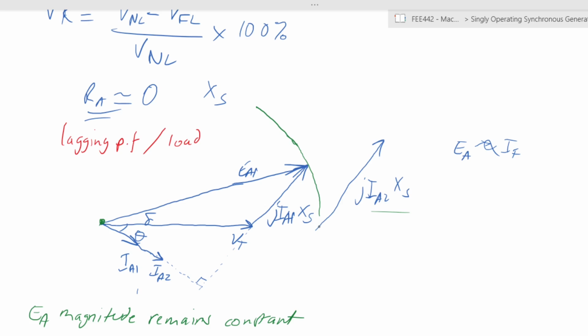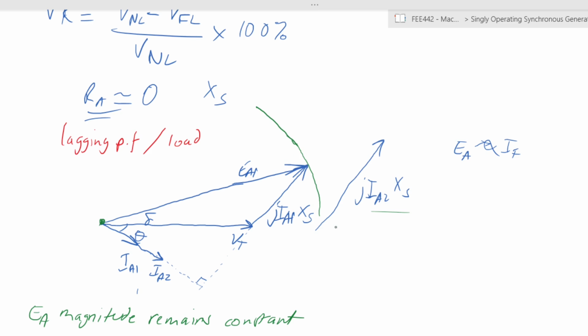So what would then happen is, based on the value of IAXS that we have, yes, question? Do we have a question? Okay.